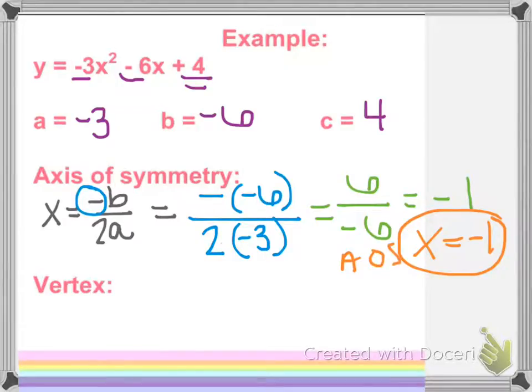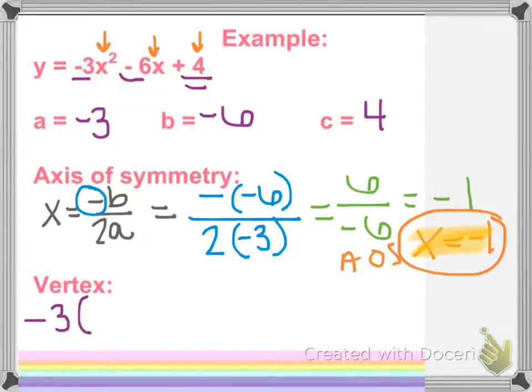Okay? You also use that same x to plug it into your equation like you did yesterday to find your vertex. So from here on out it is exactly what you did yesterday, but you use the x you just found. So I start to rewrite the equation that was given to me, -3.